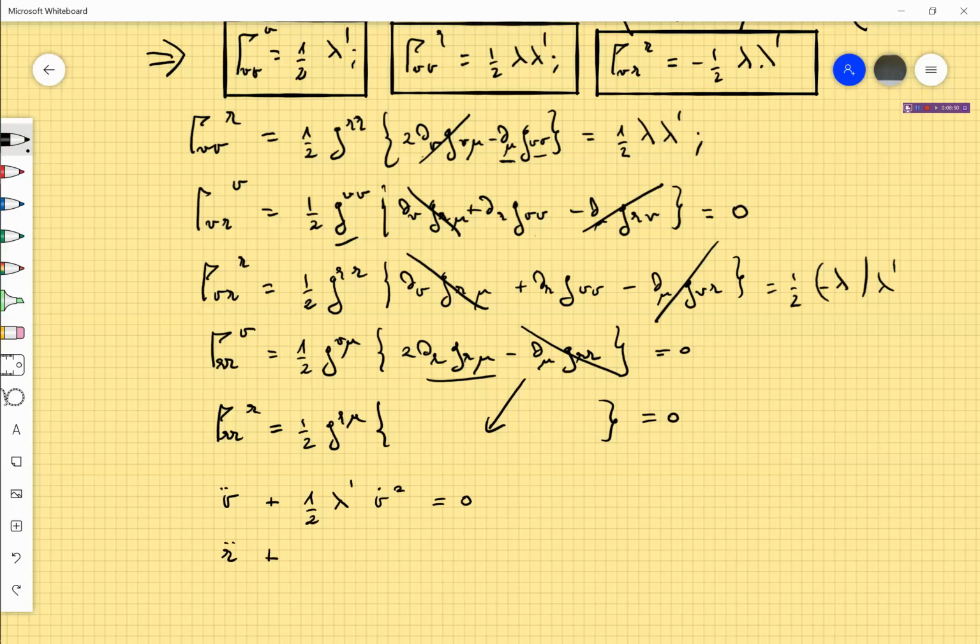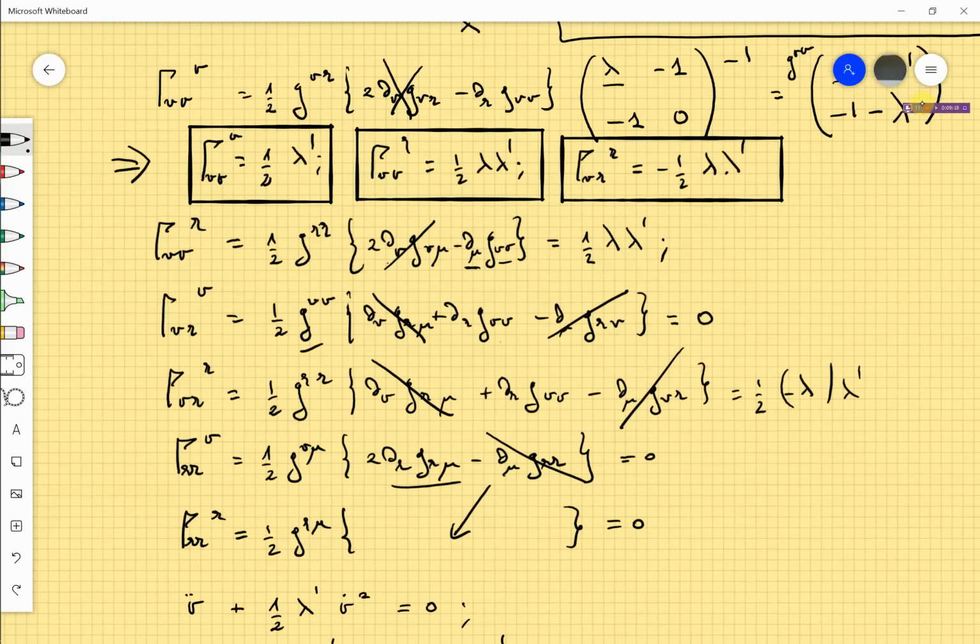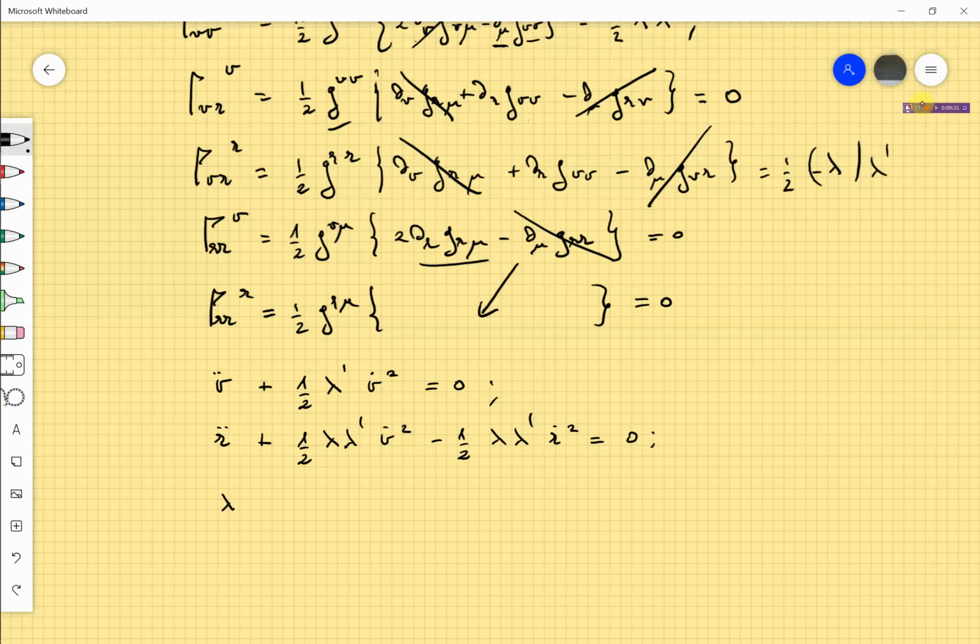One of them is this, lambda prime v dot square, and the other one is minus a half lambda prime r dot square equal to 0, and the mass shell condition, which in this case you read it from here, it is lambda v dot square minus 2 r dot v dot equal to 0.